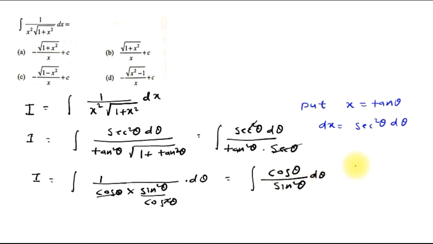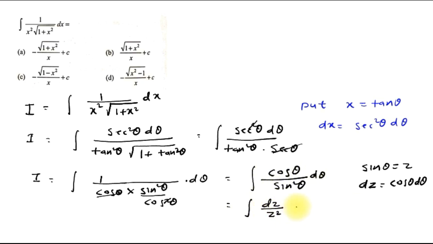Now if we put sin theta is equal to z, so differentiation of sin theta, that is dz, is equal to cos theta d theta. So this integration can be written as dz over z square.